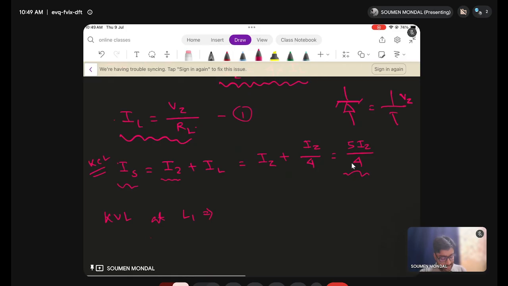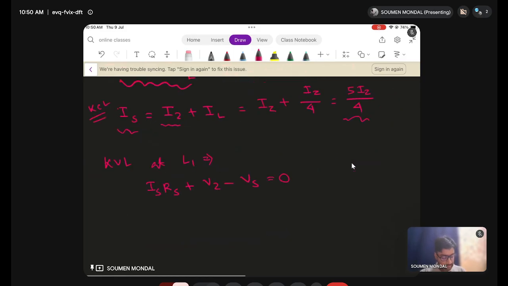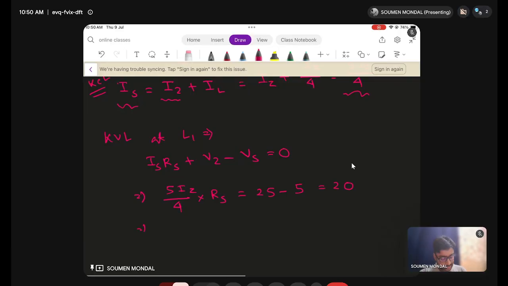So Is Rs plus Vz minus Vs is 0. Is is 5 Iz by 4 into Rs, and Vs is 25, Vz is 5, so this side becomes 20, Rs is 400.